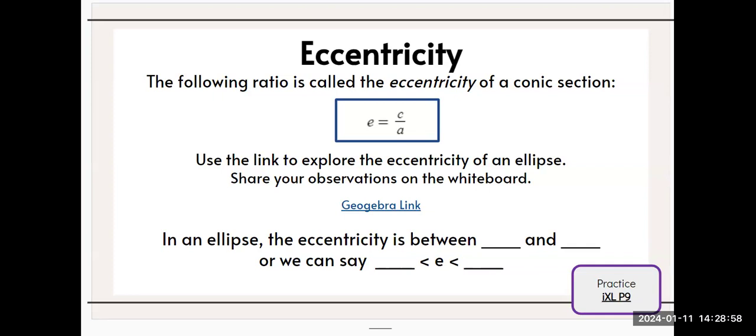So see what you notice about the eccentricity, if anything. And then you can share what you notice in Nearpod on the board. At the top, there's a slider for E. So you can change the values of E and look at what happens to the ellipse. I think you can also change A, the vertices.